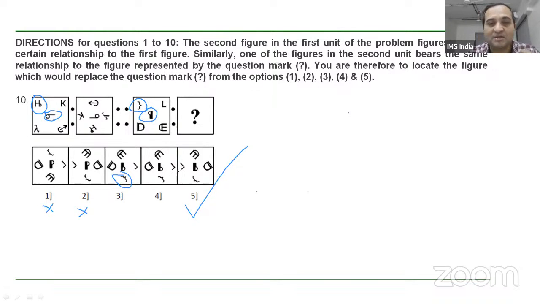If I do that, I will be able to reduce how many elements I need to work out that are shifting and changing. I'll work with a lesser number of elements. Okay. Chalo, let's move on to the next question.